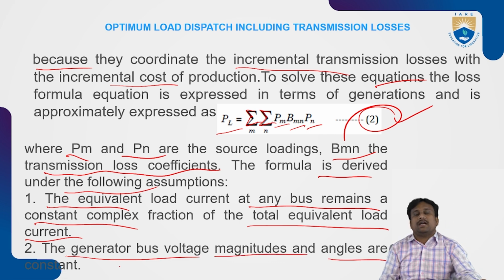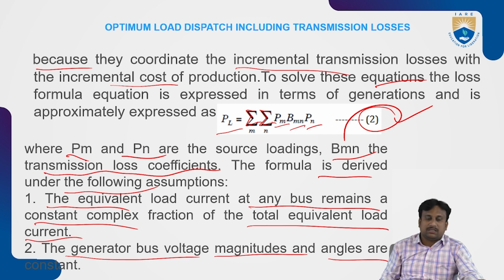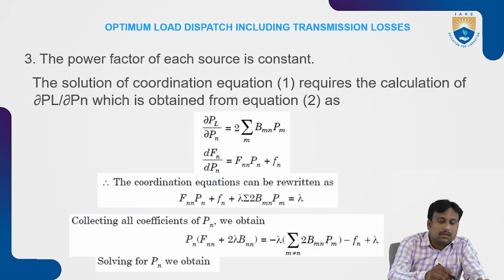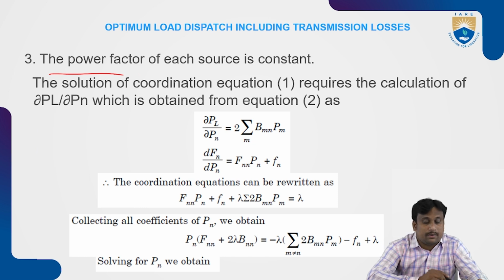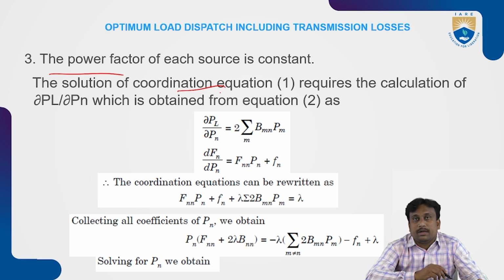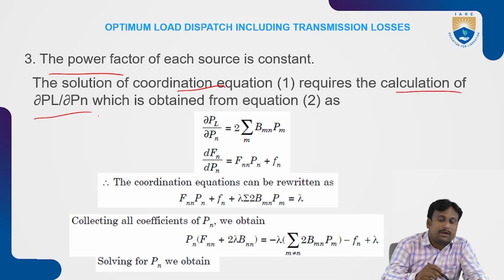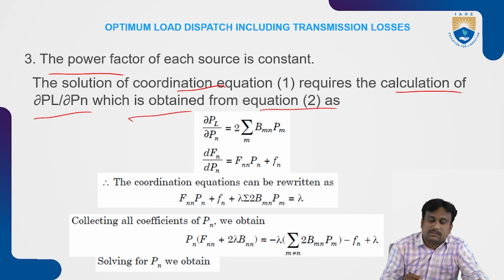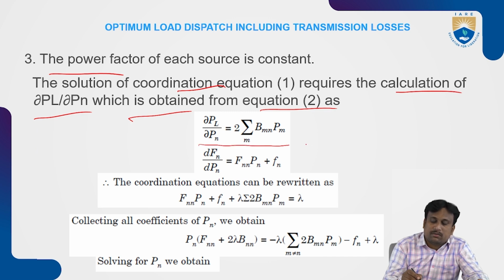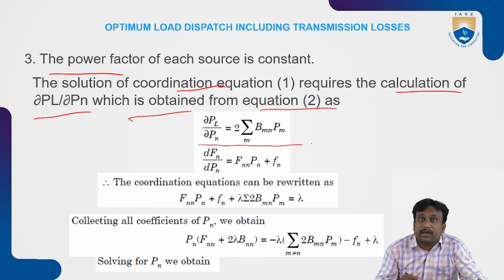That is considered as one of the assumptions in this system. The power factor of each source is considered constant here. The solution of the coordination equation requires the calculation of dou PL by dou Pm, which is obtained from equation 2 as dou PL by dou Pn equals 2 summation m Bmn Pm.